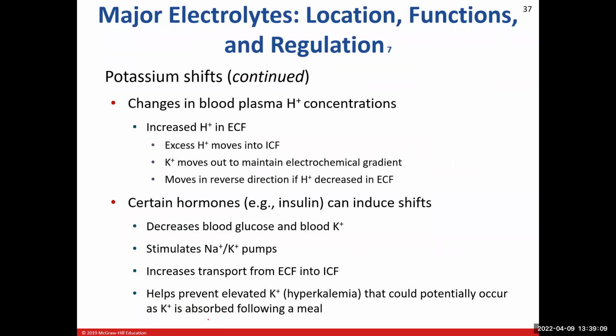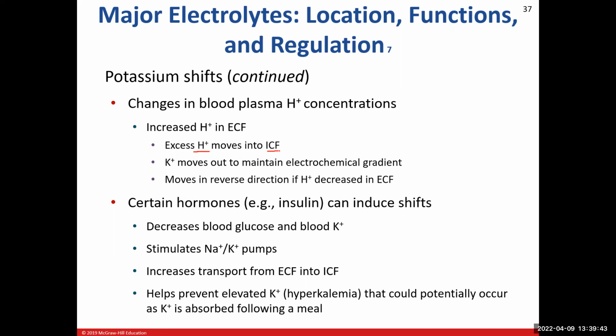So a couple of things are going to affect the potassium shifts. One is going to be the blood plasma concentration, right? That's the first one. Now, what about our blood plasma hydrogen ion concentration? Well, when we see an increase in our hydrogen ion concentration in our blood plasma, that's going to decrease the pH value of our blood plasma, then we're going to notice hydrogen ions are going to want to move into the cells.